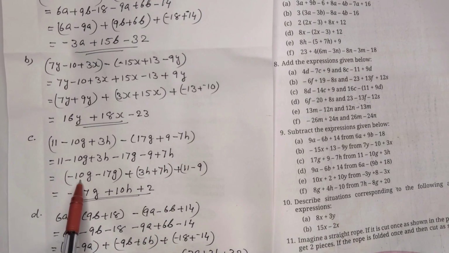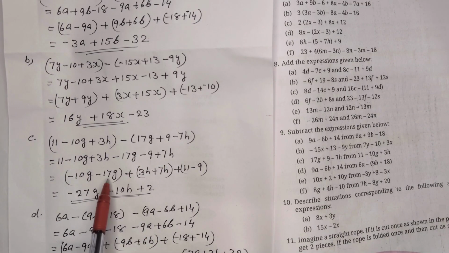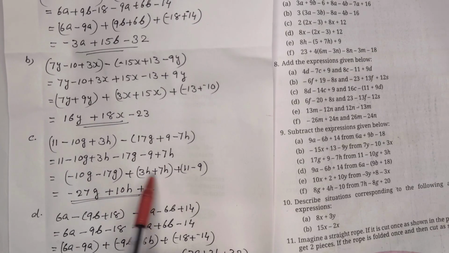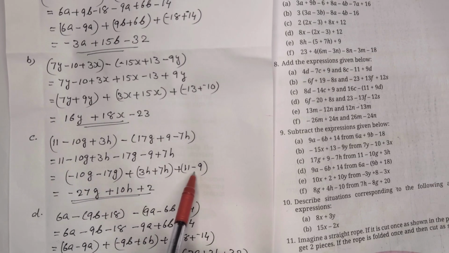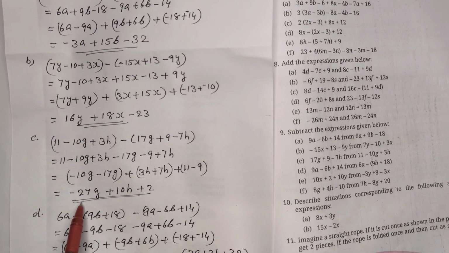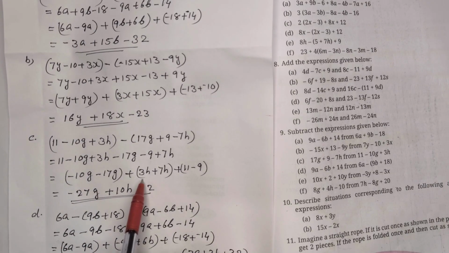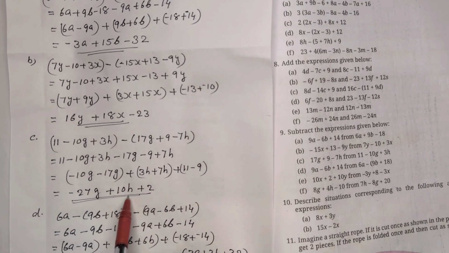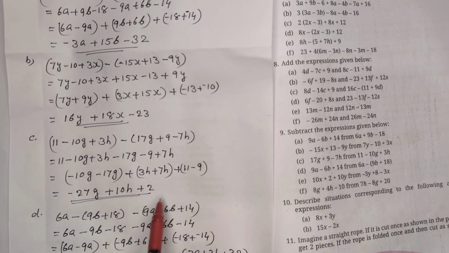Like terms together: minus 10g plus minus 17g, 3h plus 7h, 11 minus 9. So it will come minus 10 plus minus 17 is minus 27g. 3h plus 7h, 10h. 11 minus 9, 2.